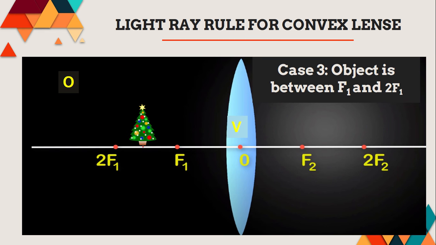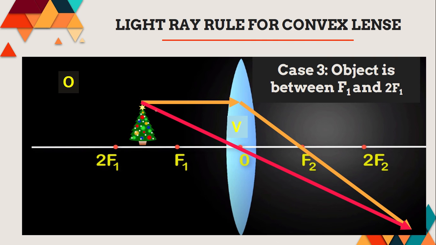What if the case number 3? What if ang object natin ay between 2F1 and F1? So, paano to? Okay, apply the rule 1. Okay, meron tayong incident ray na parallel sa principal axis na tatama sa ating convex lens at magre-refract naman sa focus. Okay, rule number 2. So, tatama naman siya or direct na siya kay ating vertex.